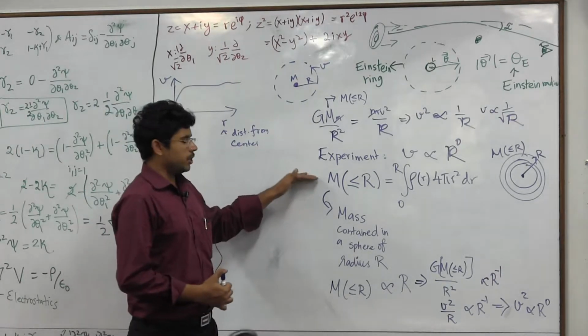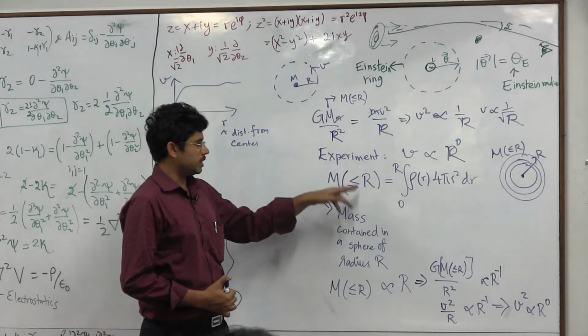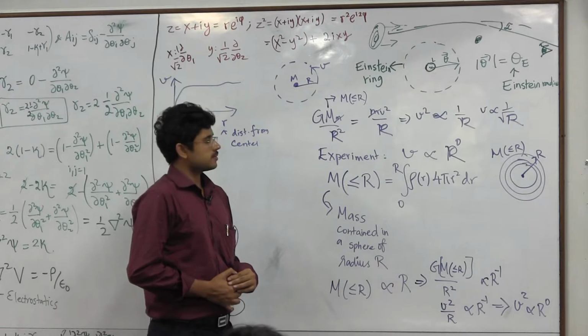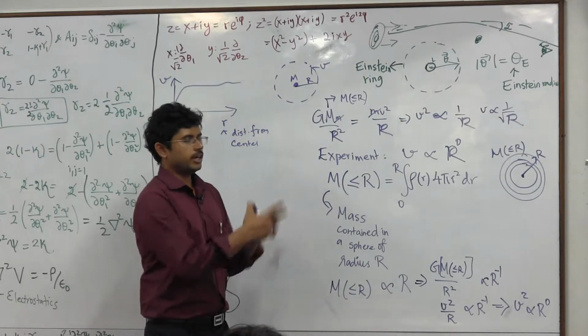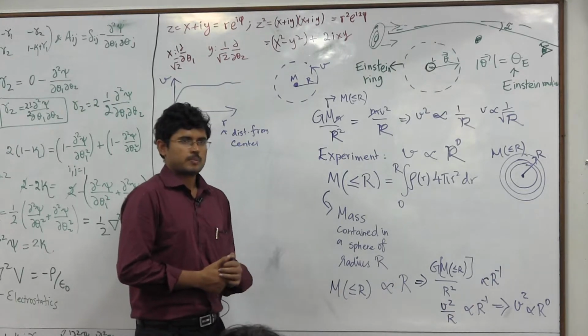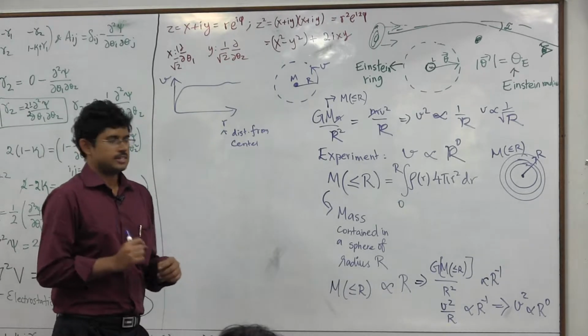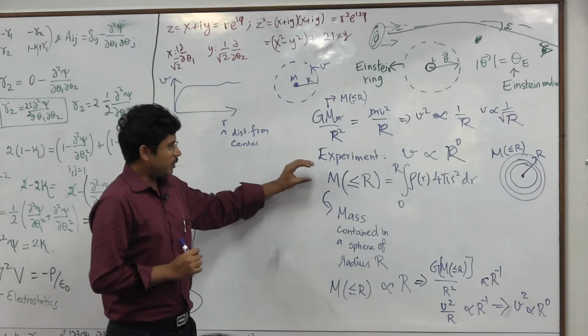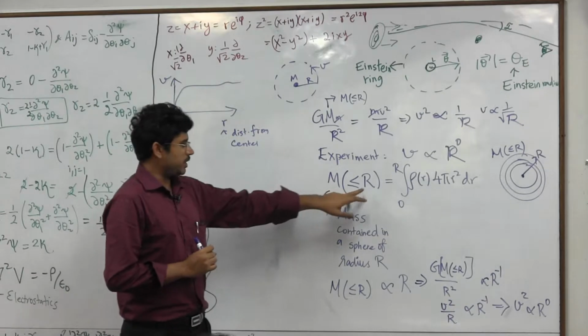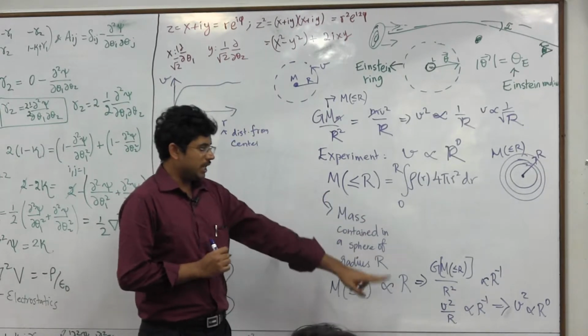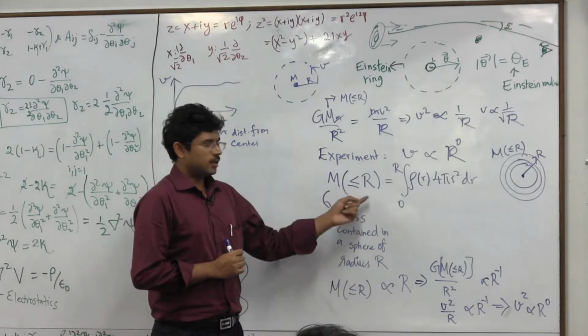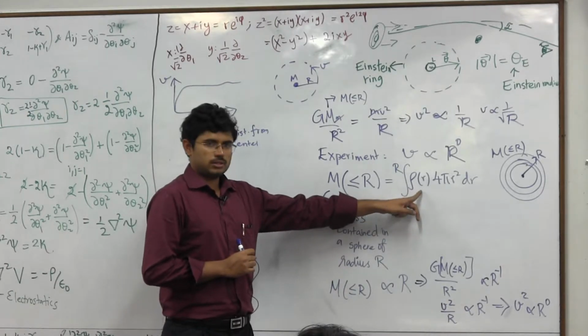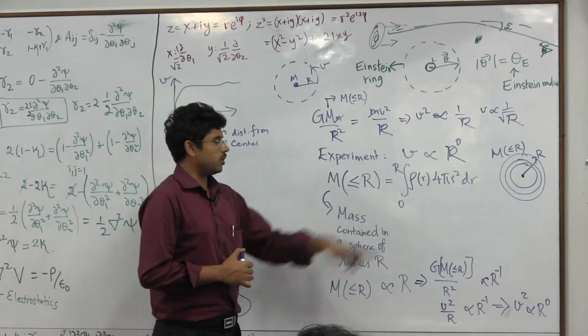How do you make this quantity go proportional to the radius r? You already have the hint there. Do you understand the question? So I want this quantity, which is a function of r, to be linear in r. What does that mean for the density, rho of little r?